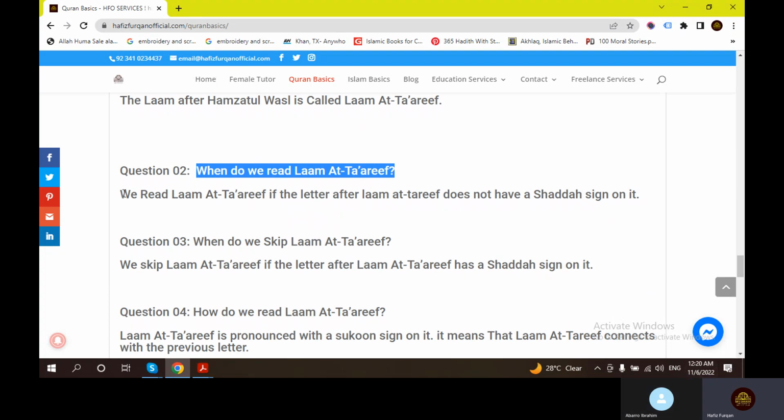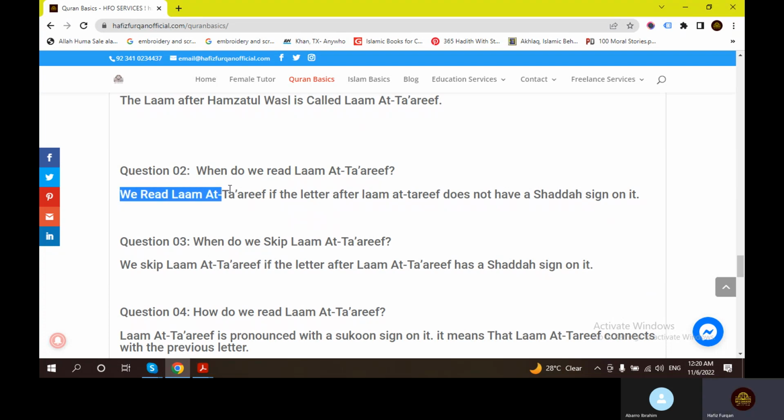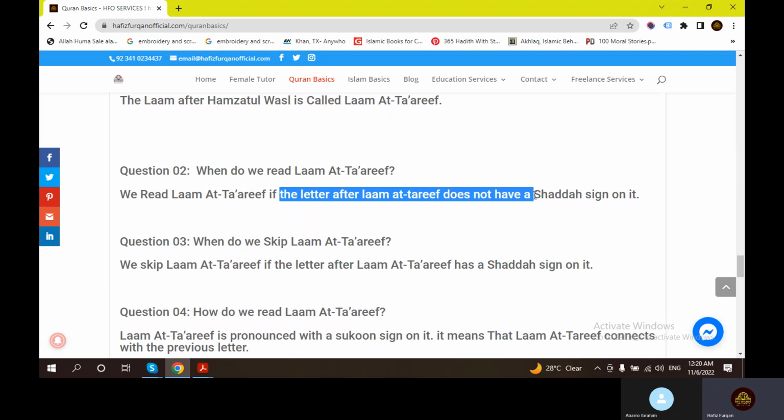You have to check the letter after lam at-tarif. We read the lam at-tarif if the letter after it does not have the shadda sign on it. If it's getting the shadda, then we don't read the lam at-tarif.